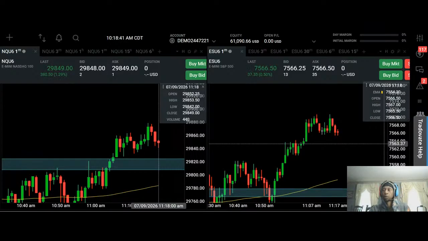Let's see what I want to do. I'm still in these buys, two contracts. After this one, if it hits me out, then I'm done for the day.